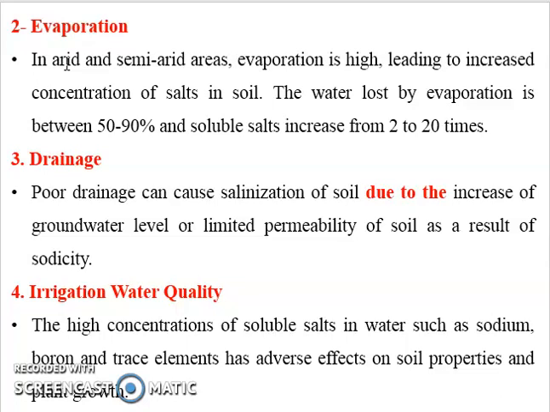So in arid and semi-arid environments, evaporation is very high, whereas precipitation is very low. This leads to increasing concentration of salt in the soil. The water evaporates while the salt accumulates on the surface of the soil.